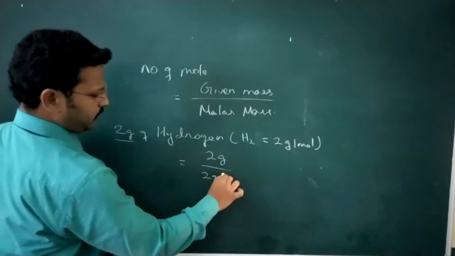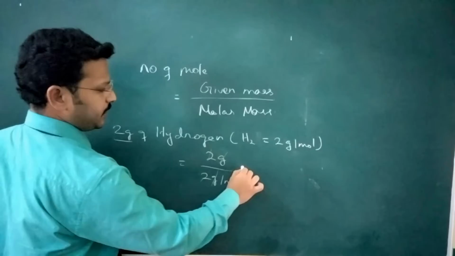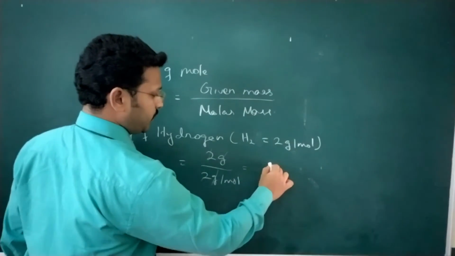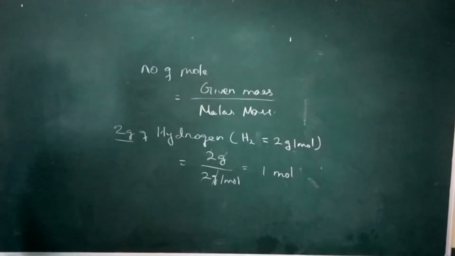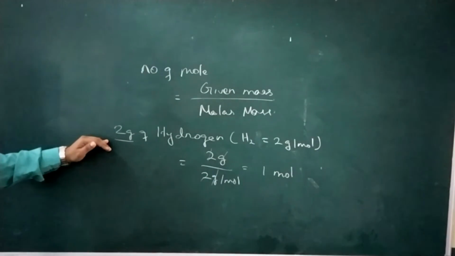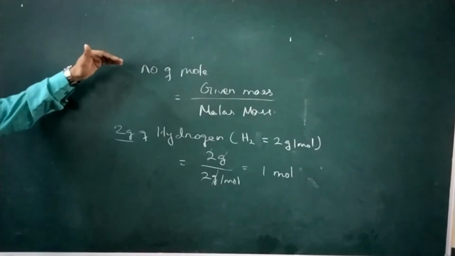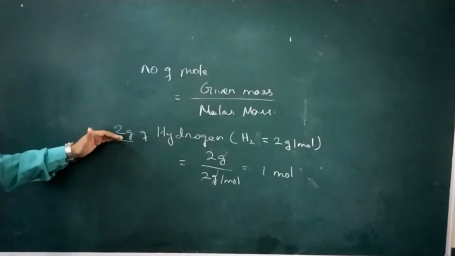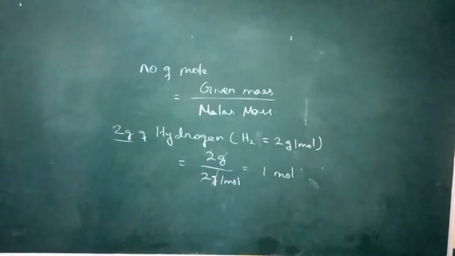Cancelling the units and the numbers, we get 1 mole. So 1 mole of hydrogen is present in 2 gram of hydrogen. This is how masses are converted into the number of moles.